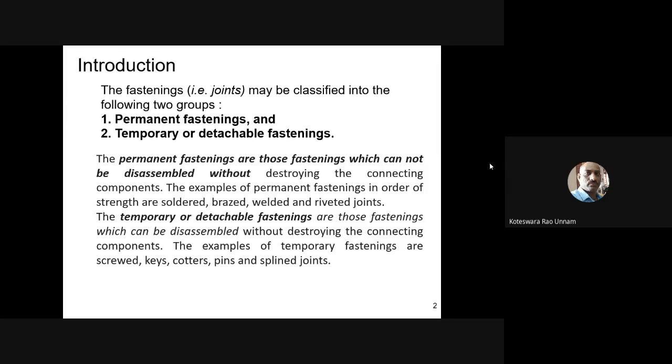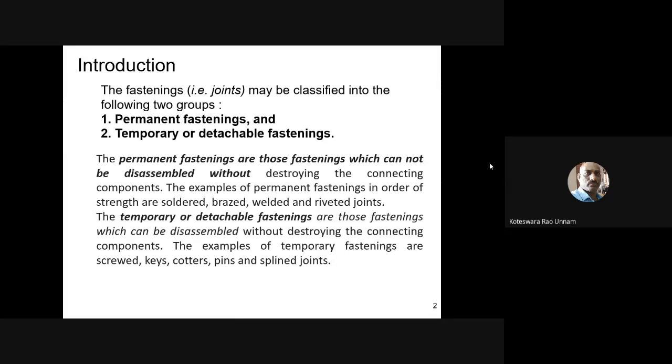The difference is, if you are able to disassemble the joint without destroying it, then we call it a temporary or detachable joint. Whereas if you cannot disassemble or separate the parts of the joint without destroying, then we call it a permanent joint or permanent fastening.